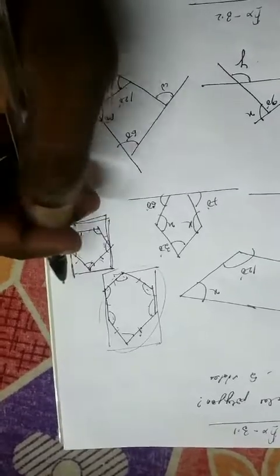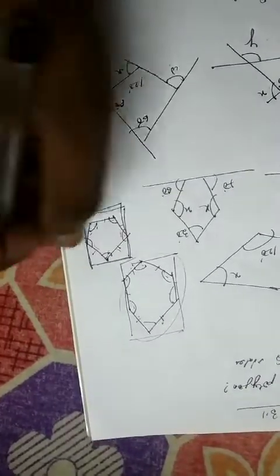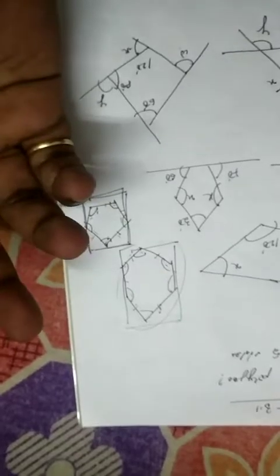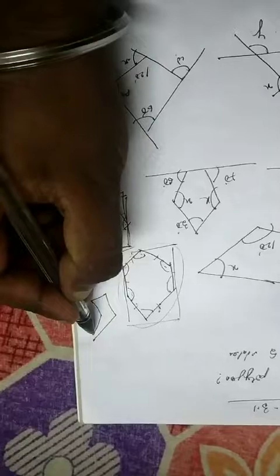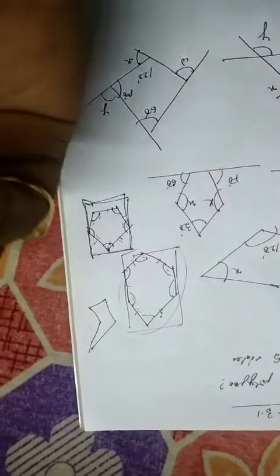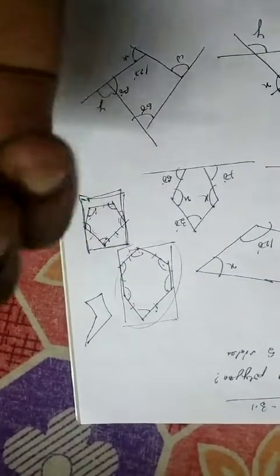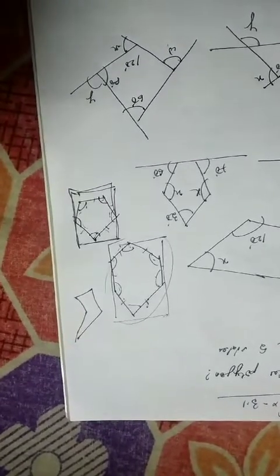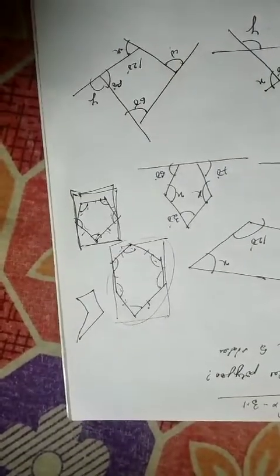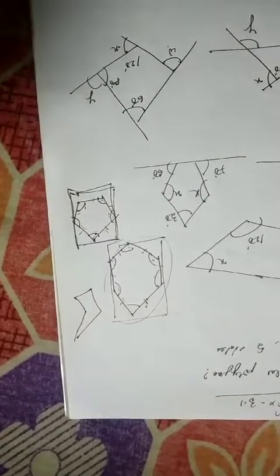Okay, children. Now the question is, if a pentagon is not regular, how could it look? It could look like any shape in which the sides might not be equal, or the measures of their angles might not be equal.